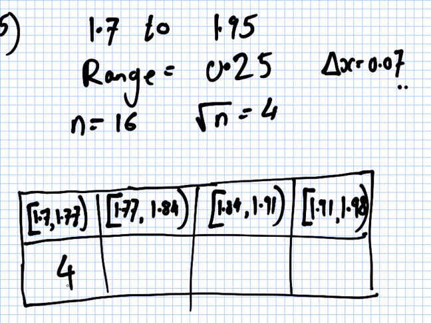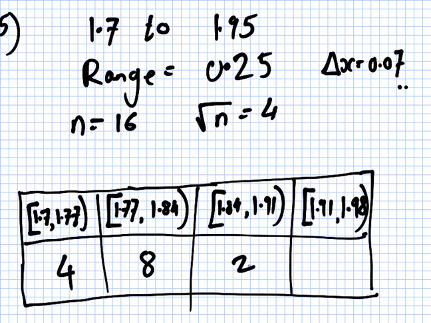And then the next one, 1.77 to 1.84: 1, 2, 3, 4, 5, 6, 7, 8, I think. And then 1.84 to 1.91: 1, 2.